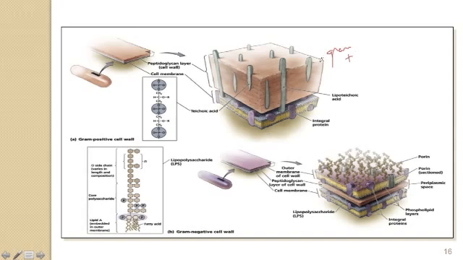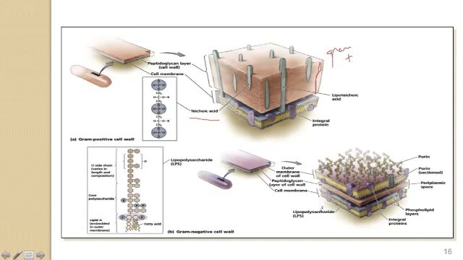And what you will notice if you look here at this area, which is the cell wall, it's extremely thick. It's outside of the cell membrane, and it has various things embedded in it, such as teichoic acids. And that's a very interesting characteristic of gram-positives. They do tend to have this very thick layer of peptidoglycan. So lots and lots and lots of layers of that netting that goes around the cell.